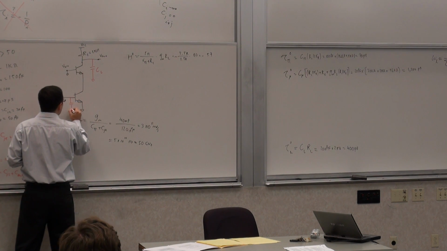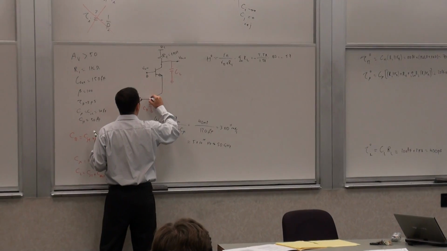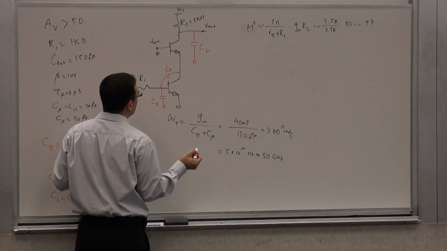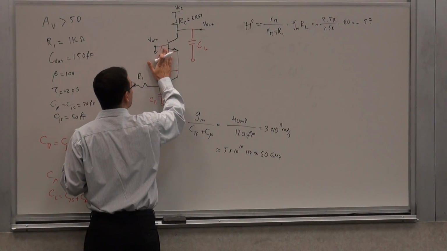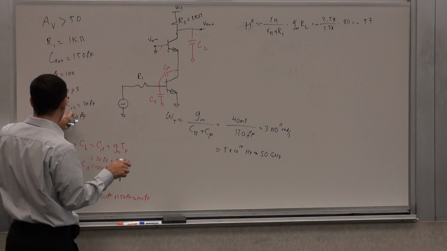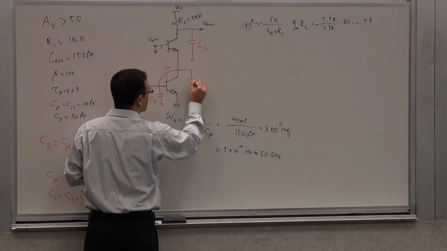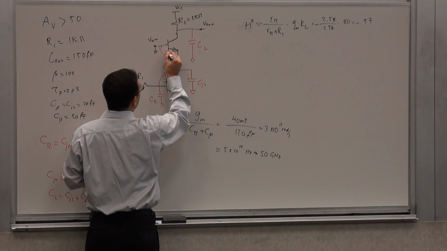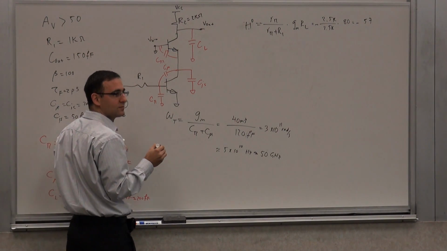So what do I have? I have the C pi here, which was already there. I've already calculated it. It's the same C pi. I have a C mu here, which is there already. And now remember, my collector to ground has a capacitance, I have CJS. So there's a capacitance hanging off up here, CJS, and then there's also a C pi 2, call it, right?